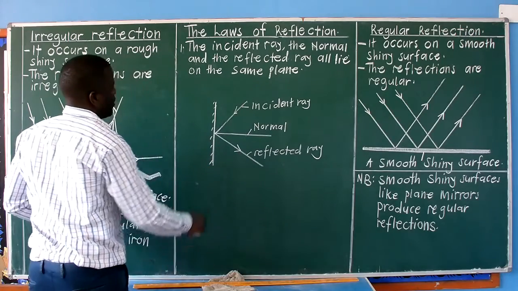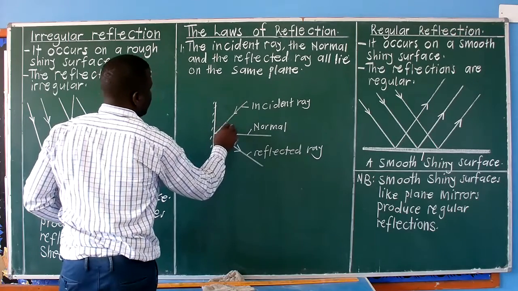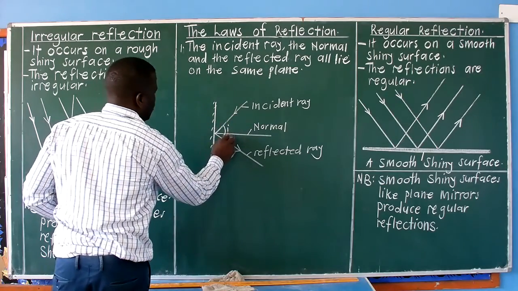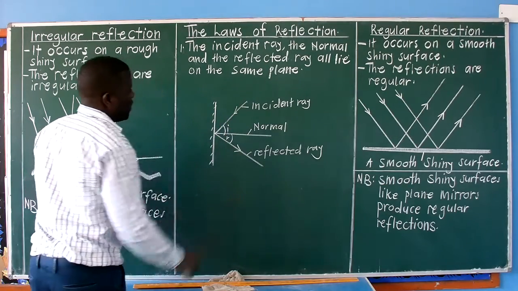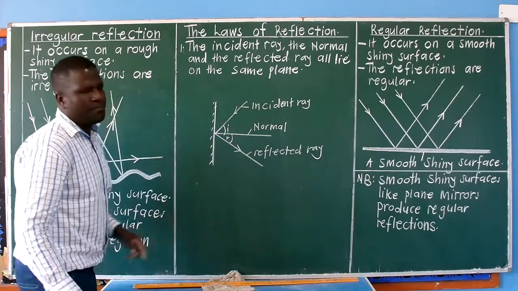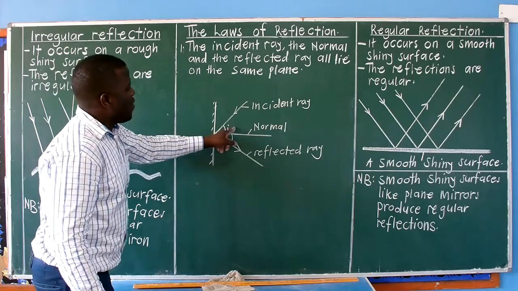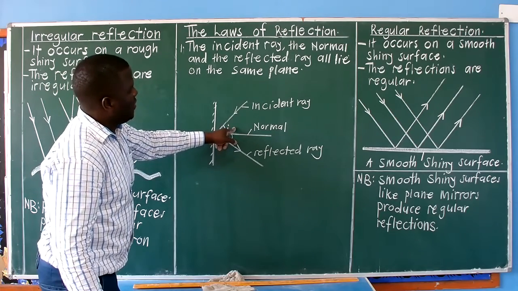Another law, number 2: the angle of incidence is equal to the angle of reflection. These two angles are the same.